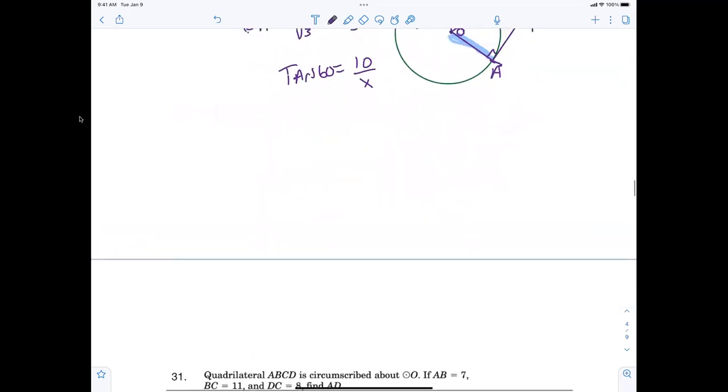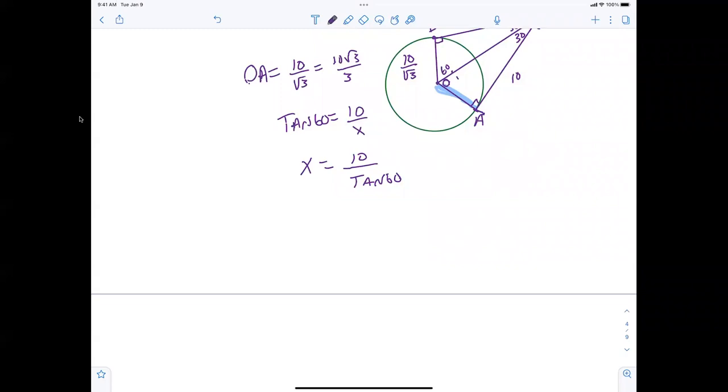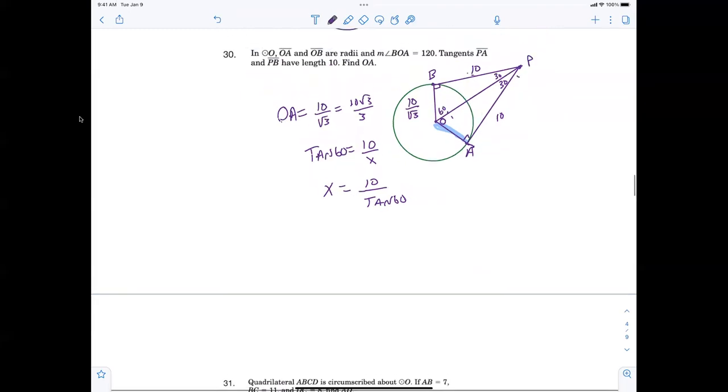So x would be 10 divided by tangent of 60. So do that on your calculator and tell me if that's the same as 10 divided by radical 3. Same, right? All right, that's a good way to check your work. I thought that was a good problem.